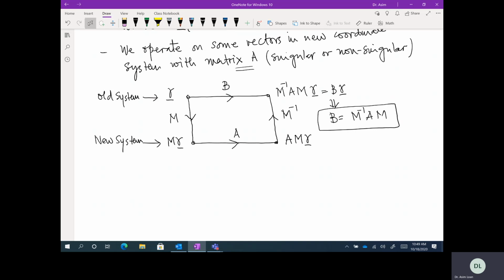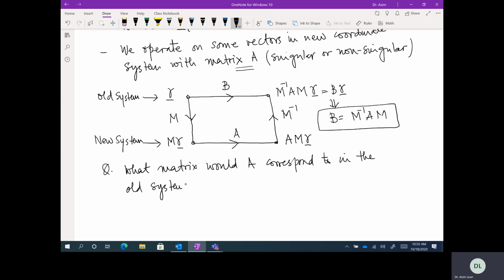So the question is, what matrix would A correspond to in the old system? And the answer is B equals M inverse A M.